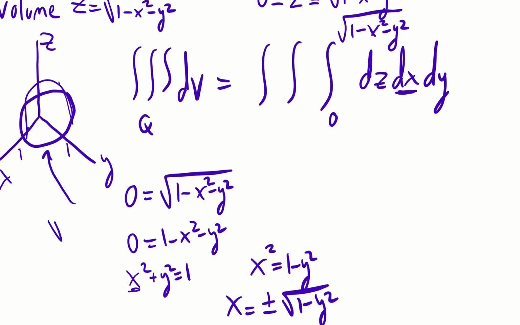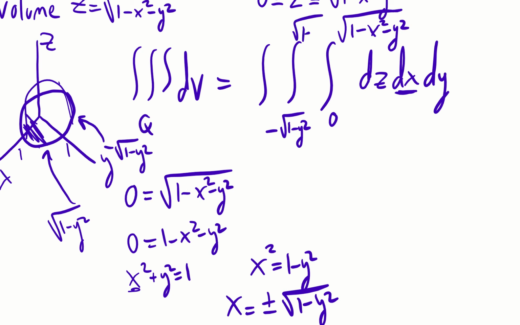This portion here would be the positive branch of the radical, and the part back here, that would be the negative branch of the radical. We see that our values of x are bigger than the negative of the square root in this projected surface on the xy plane, but they're less than the positive of that root.